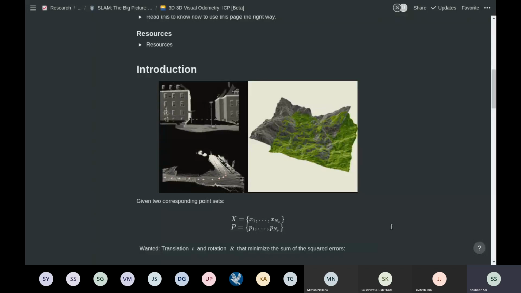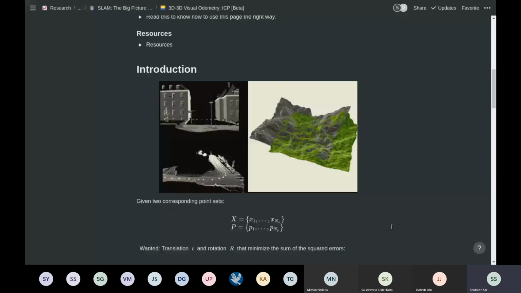If you're holding a camera and you capture a point cloud, a set of 3D points, at point A, and then you move 5 meters and capture another point cloud at point B, and you find out how much the building has moved in your camera, then you'll obviously know how much you have moved. That's how we can estimate your pose.